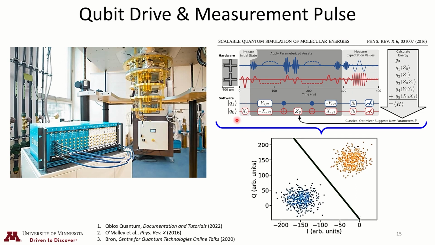And now we can see what the qubit system looks like. So we have some analog components. This is a control component for the qubits. The qubits would exist here at the bottom of this cryogenic chamber setup.